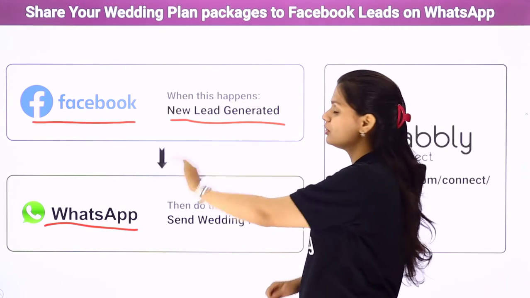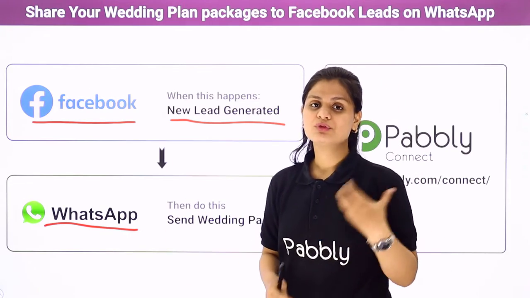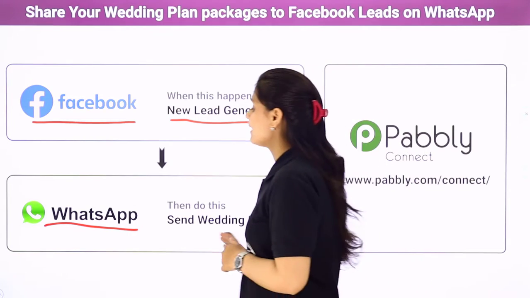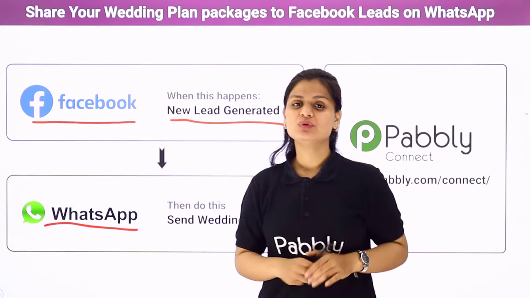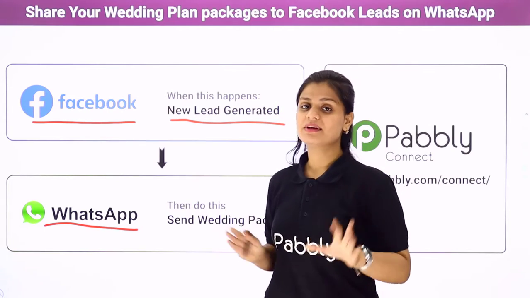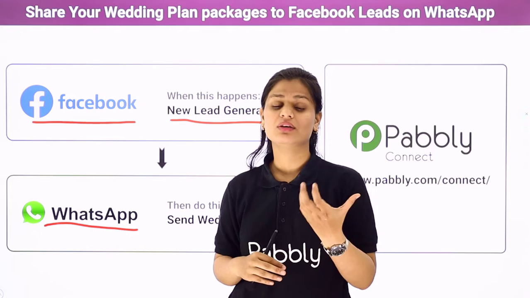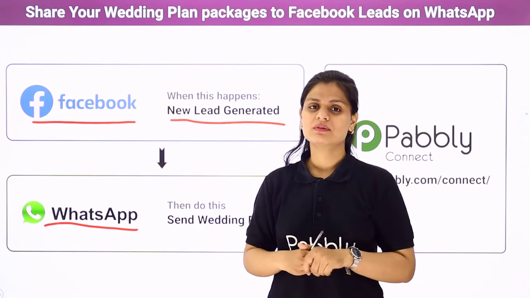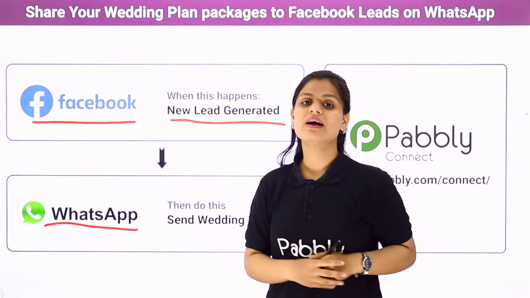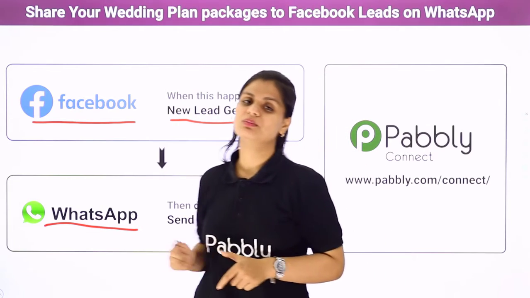Because every time a new lead gets generated, I have to manually sort out the details and then send the message on WhatsApp manually. But if I have to send hundreds of messages to all these leads, this process will become very unmanageable. So that is why I would suggest you bring in some automation.